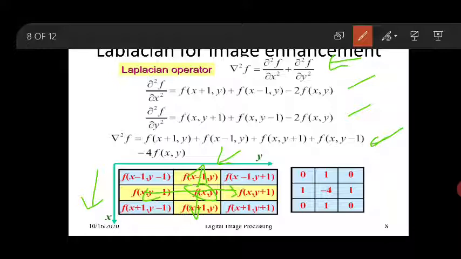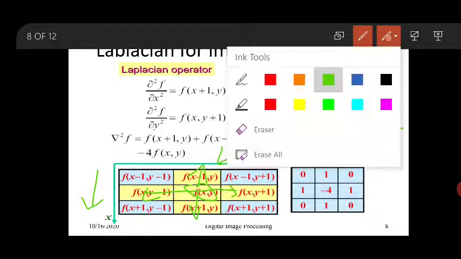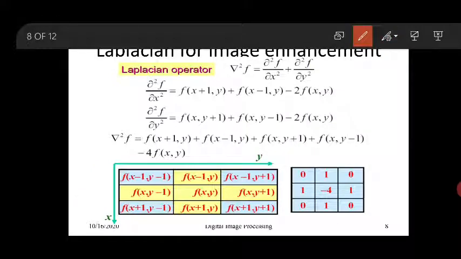Now look at this one. What is the answer you obtained? Each coefficient will be replaced or written in the form of a box. Now this is my center pixel. What is the coefficient of that? Minus 4. The coefficient of f of x y is minus 4.